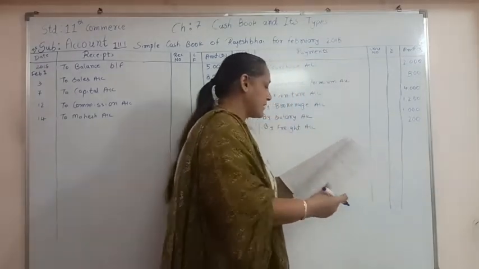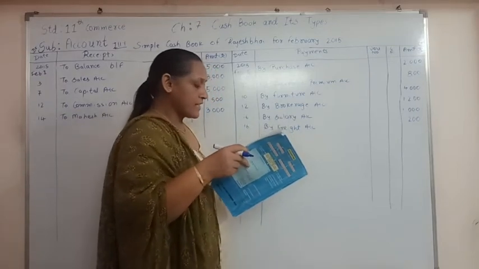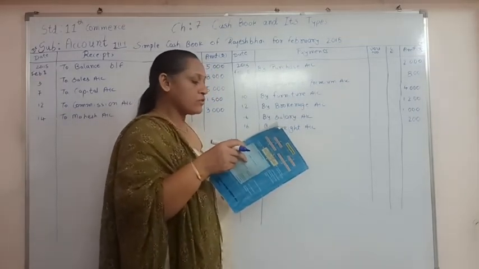Now let's see the next transaction. On 18, rupees 3,000 paid to Prakruti towards the old account.